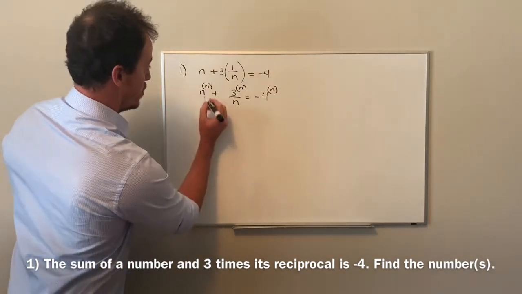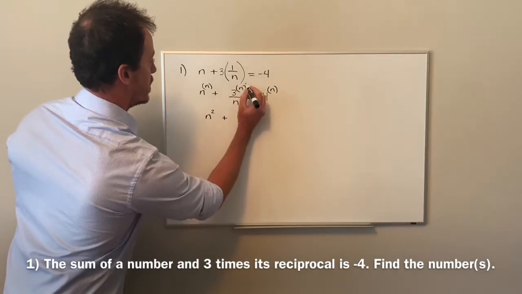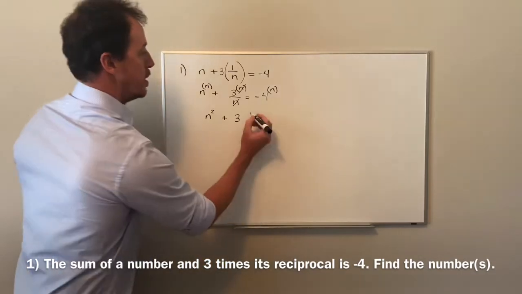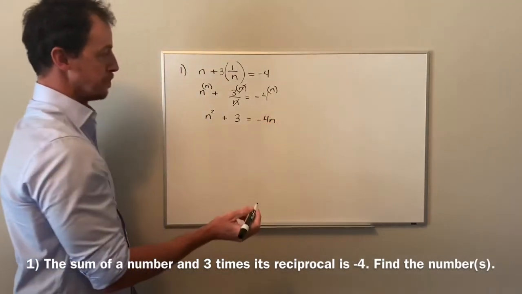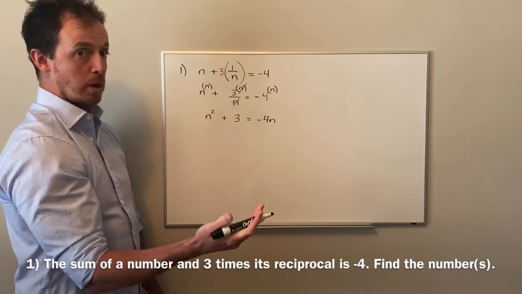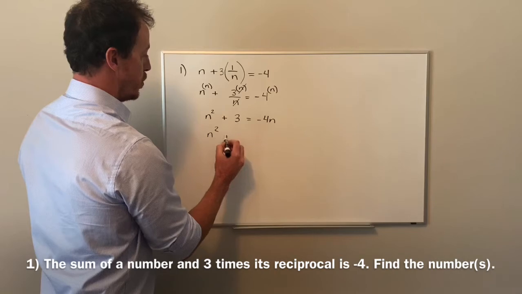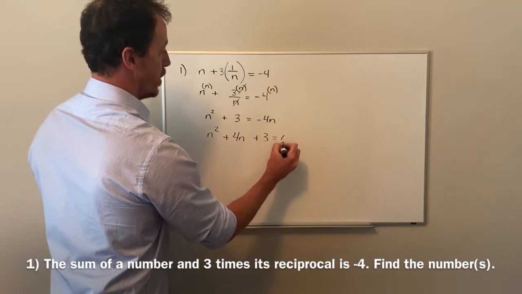It's a helpful move because now, well, that's just n squared. But here, these n's cancel, and I'm just left with that 3 that was sitting there. And then over here on the other side, I've got -4n. Well, now it's a quadratic. Now we need to make it equal 0. So I'm going to add the 4n over, get it in the right order.